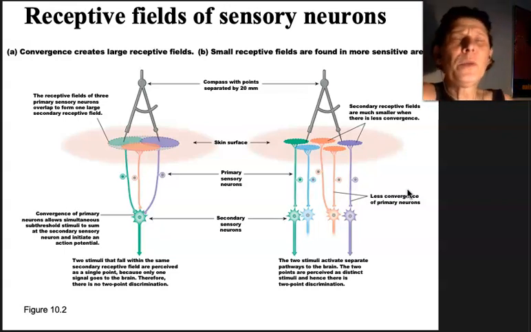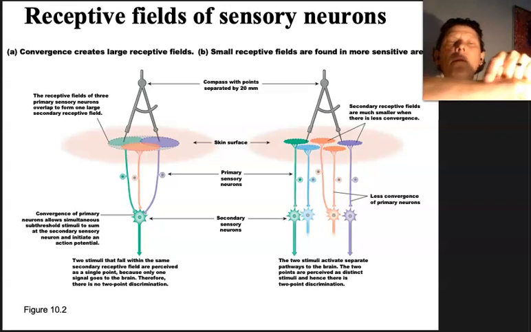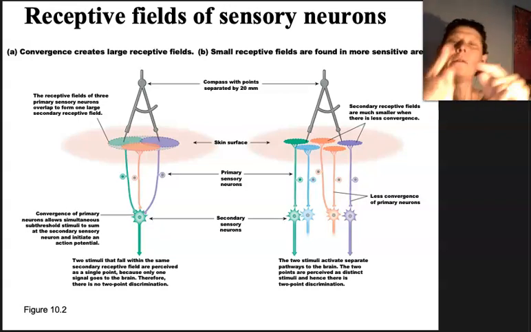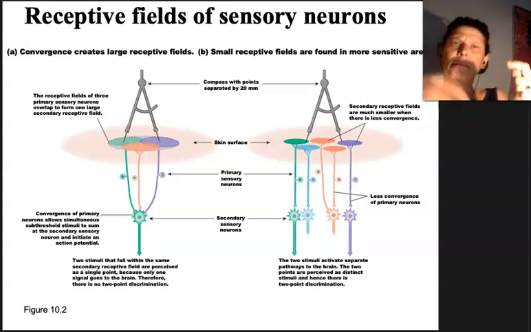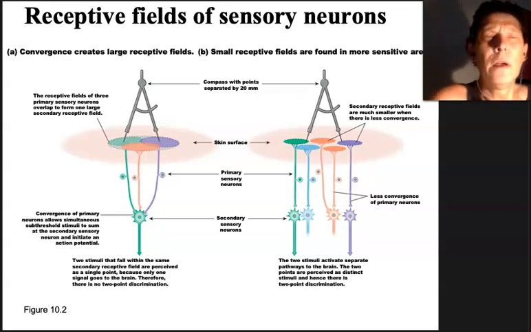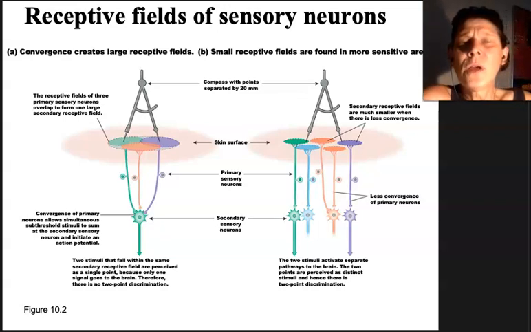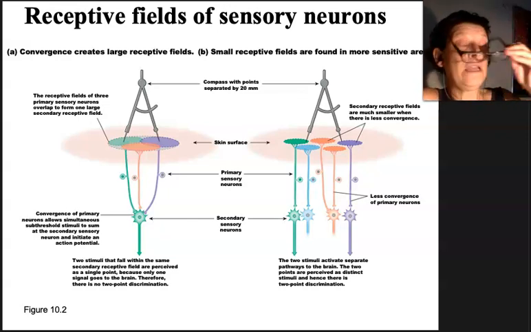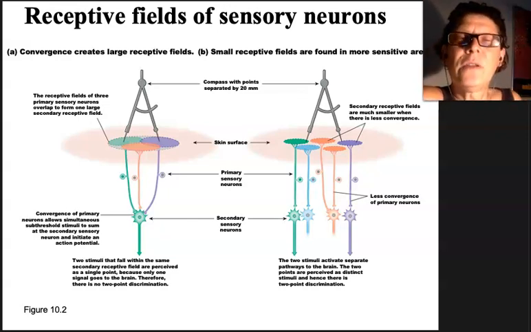So the receptor field, by definition, is literally a physical area where a stimulus activates a neuron. So if that's in your skin, that could be this big, or it could be, if it's on your fingers, really tiny, right? So receptor field size varies. The primary sensory neuron and often secondary sensory neurons are associated with the receptor field.